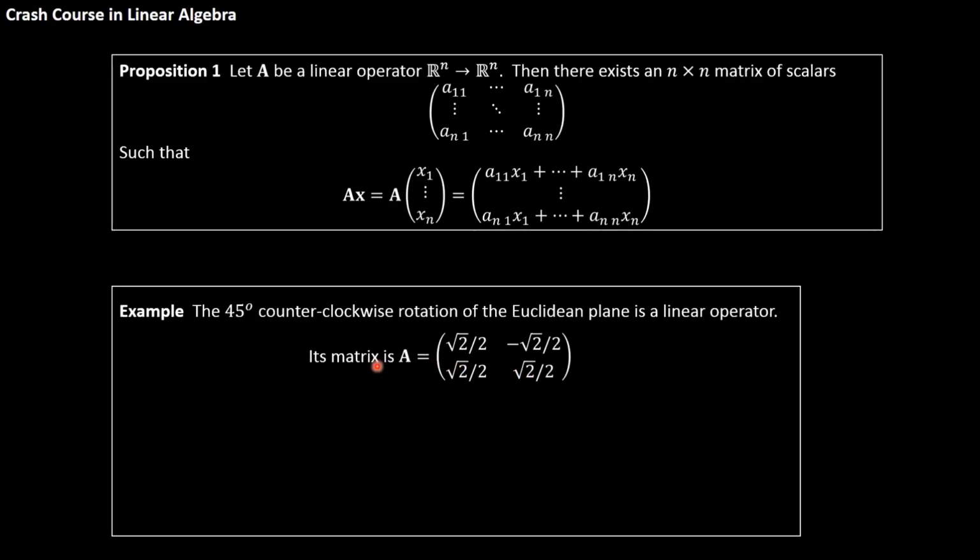The matrix, it turns out, is given by these numbers, and so if we take this matrix and multiply it by a vector, this is the result. You take the numbers here, and they're multiplied by the components of your vector. The first component is root 2 over 2 x minus root 2 over 2 y, and the second component is root 2 over 2 x plus root 2 over 2 y. And it turns out this gives a rotation of the Euclidean plane. But if you don't believe me, let's look at the next slide.